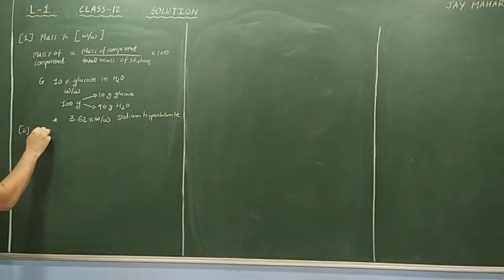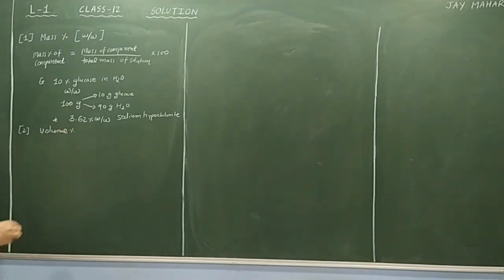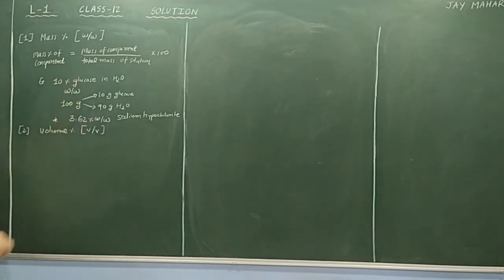Now the second one is volume percentage. Volume percentage means V by V. In the same manner, instead of mass we can use volume.